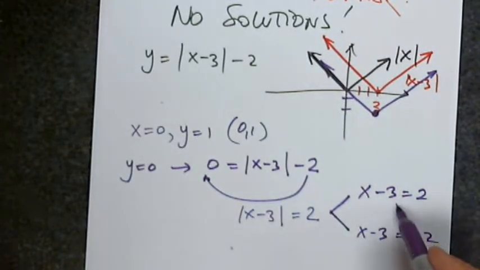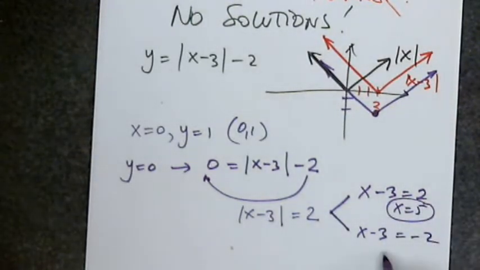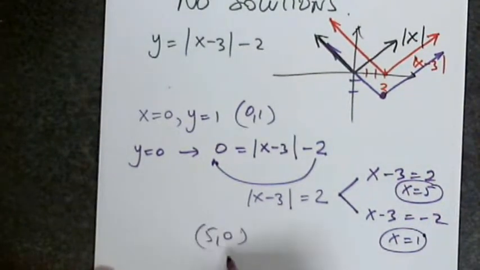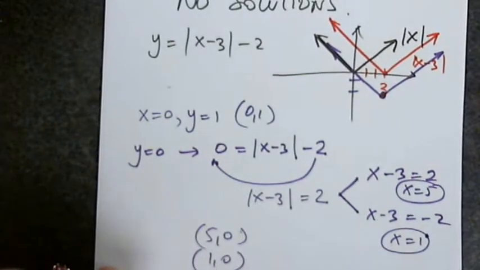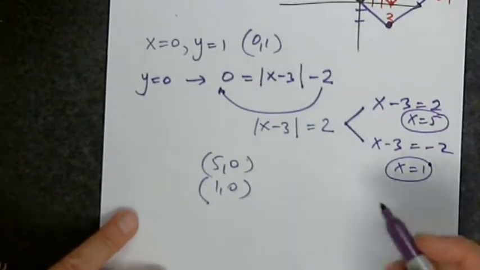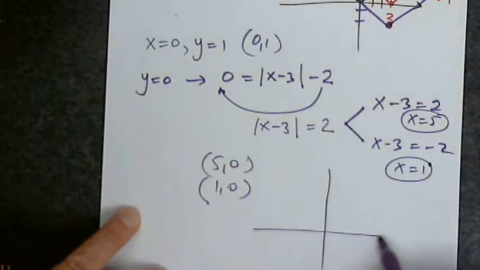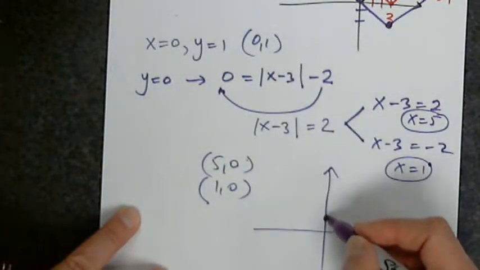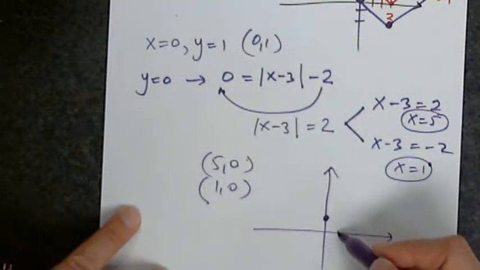So this I know is x equals 5, and this I know is x equals 1. So I have 5, comma 0, and 1, comma 0. So these are the exact ordered pairs. Not a problem. So 0, comma 1, 1, comma 0.